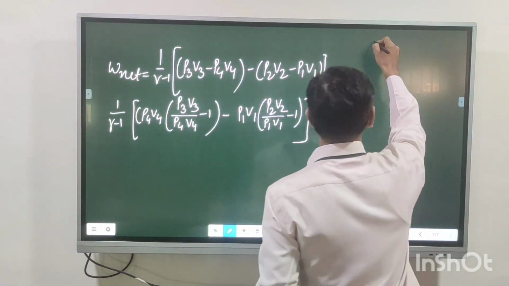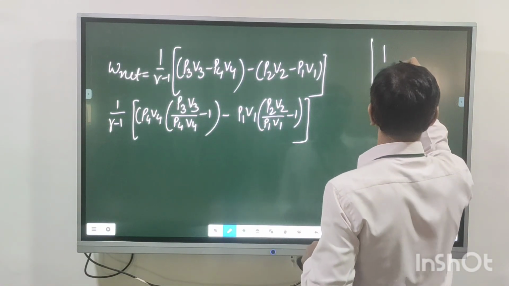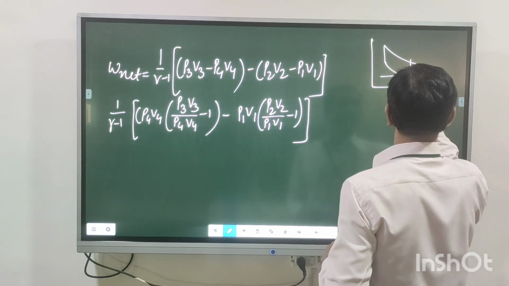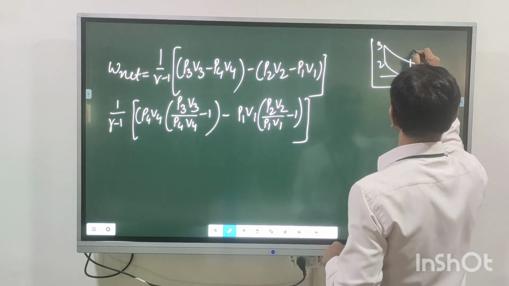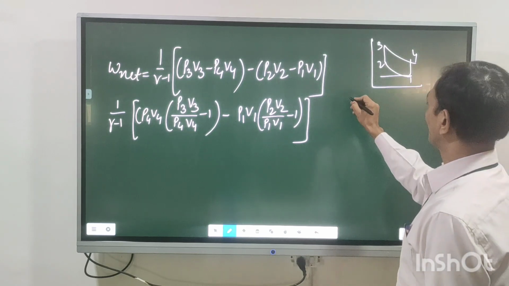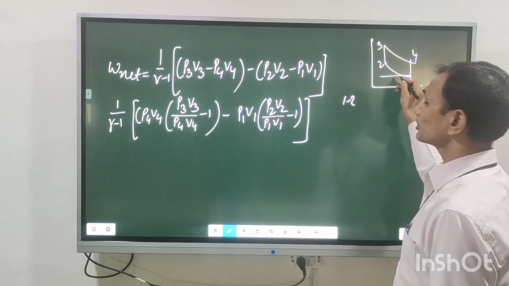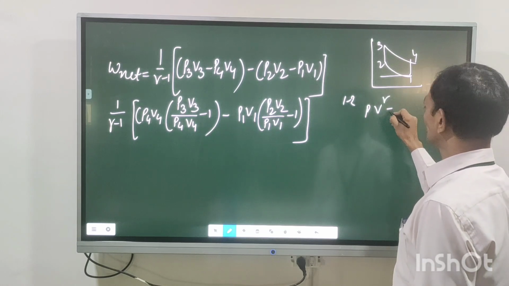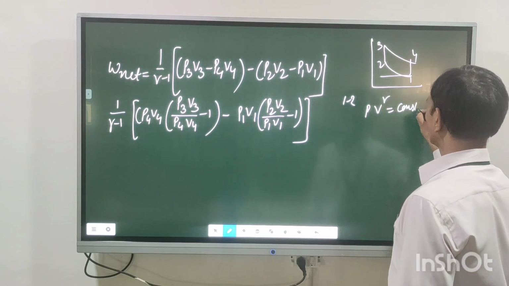So here once again, 1, 2, 3, 4. This is an isentropic process. 1 to 2 is the isentropic compression process. Here PV gamma is equal to constant.